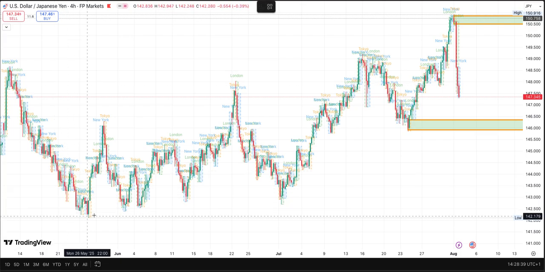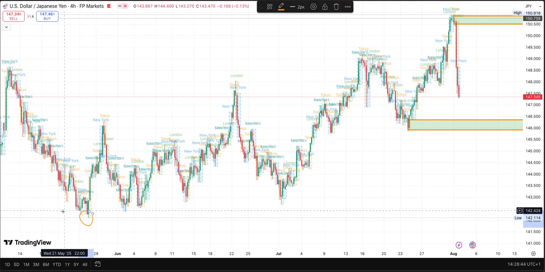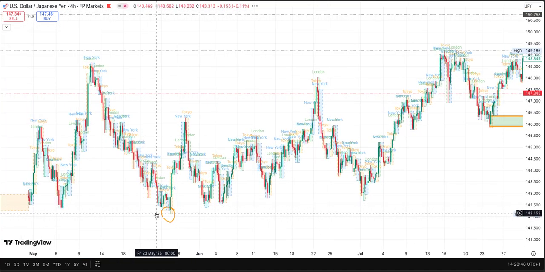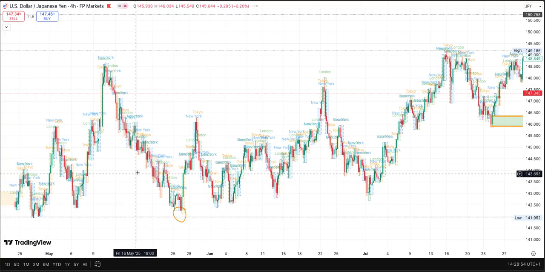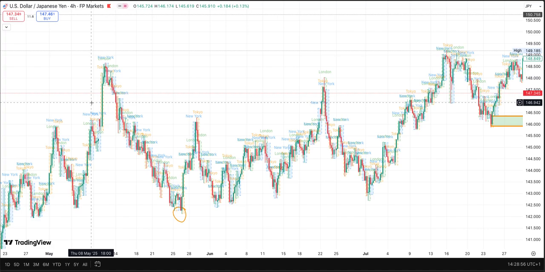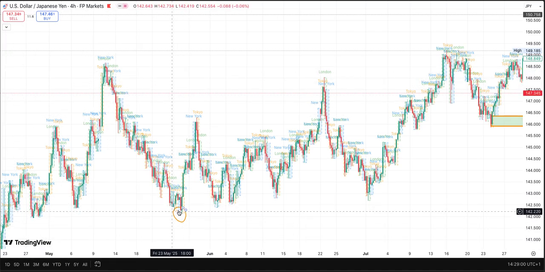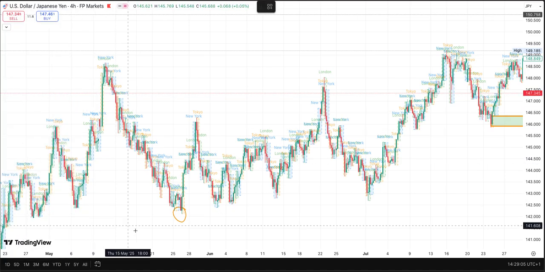The next question that you need to ask yourself is, at this point, what is the previous level that the price came to touch? I'm literally giving you the golden tip of what liquidity means, and this is what I use to trade with.